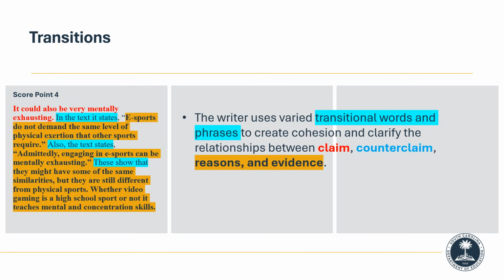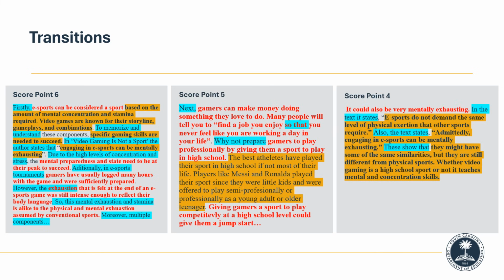This is one of those cases. By looking at all three paragraphs side by side, we can see how the use of transitional words and phrases and the incorporation of student thinking and elaboration impact the response.